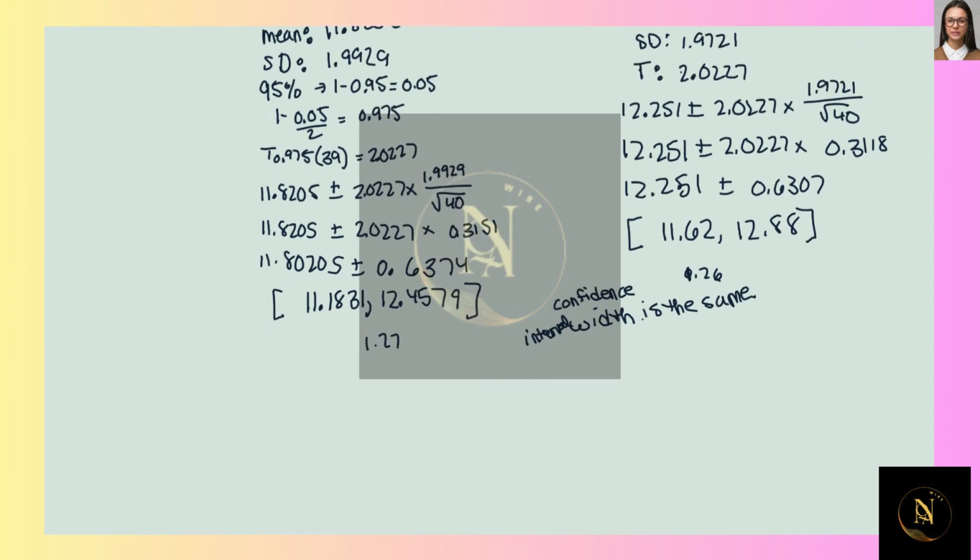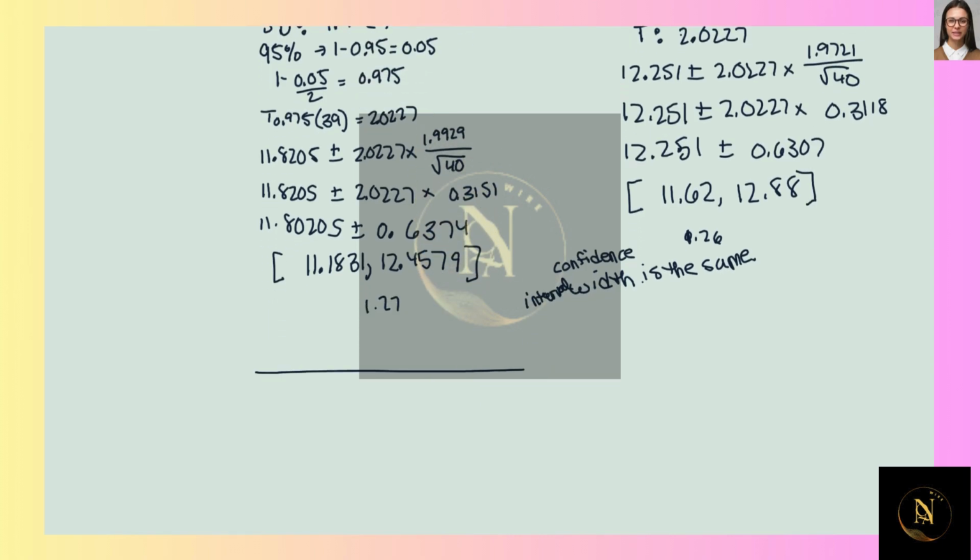Okay. Then for 2-4, assuming the standard deviation of the population is equal to the sample standard deviation of the 80 measurements, determine the sample size required for the confidence interval with a margin of error of 30 minutes and a confidence level of 98%. So that would be 2.326.